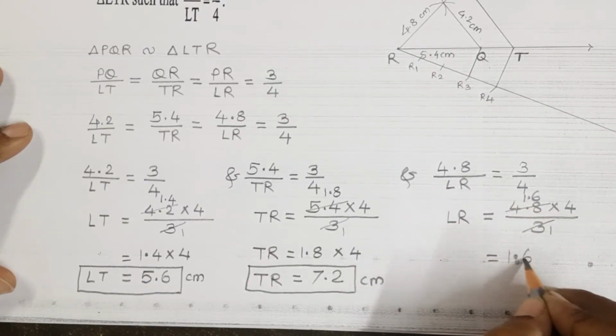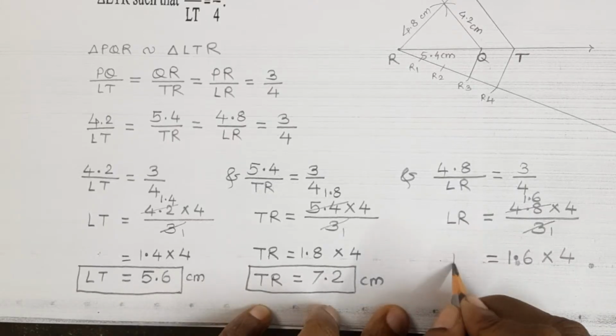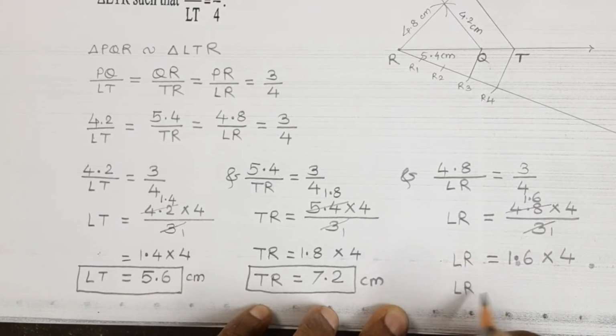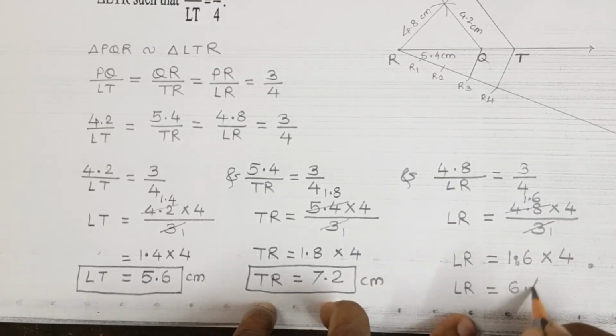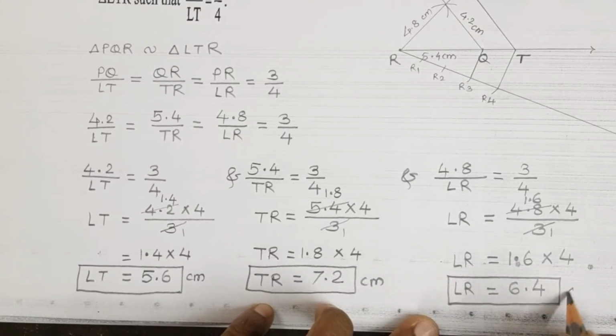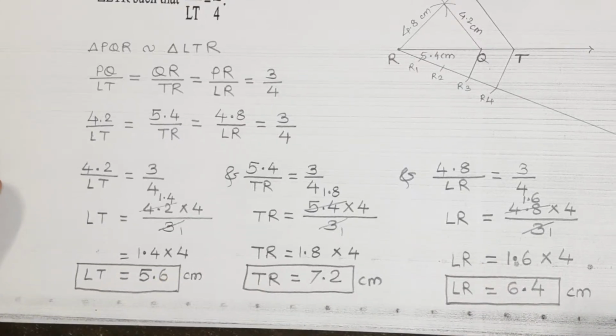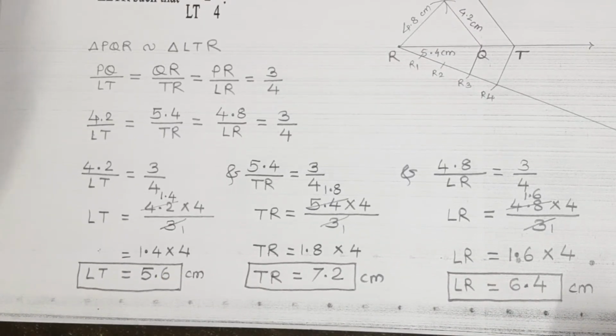So 1.6 multiplied by 4. So LR is equal to 6.4 centimeter. Okay students, so now our calculation is completed.